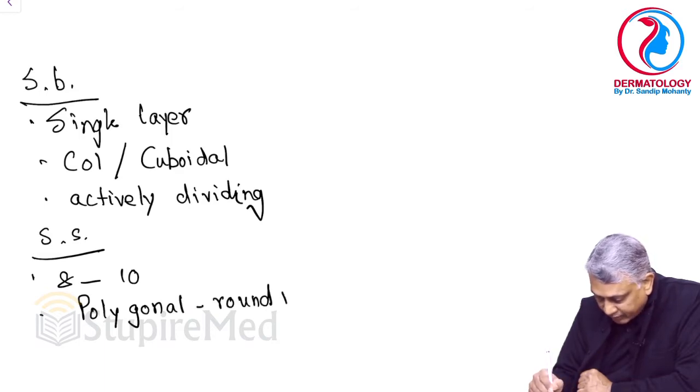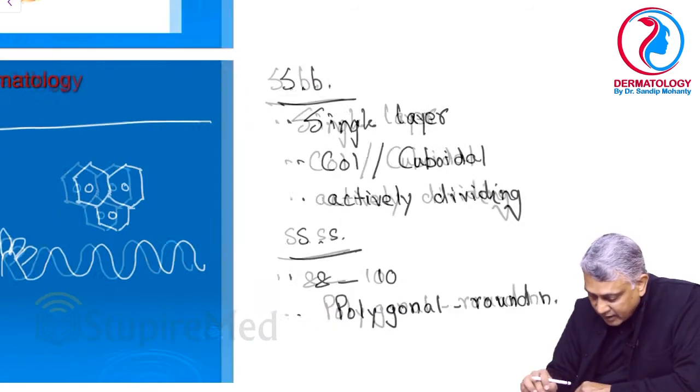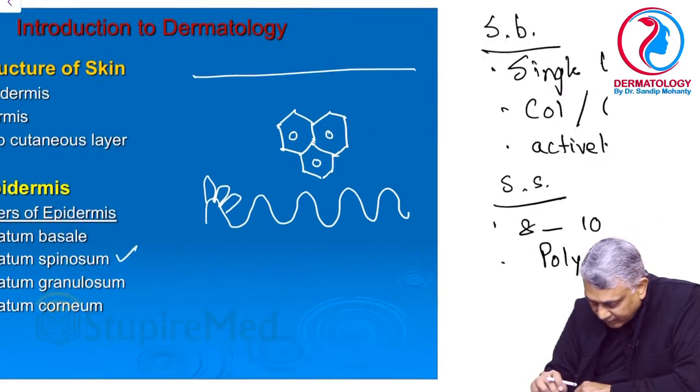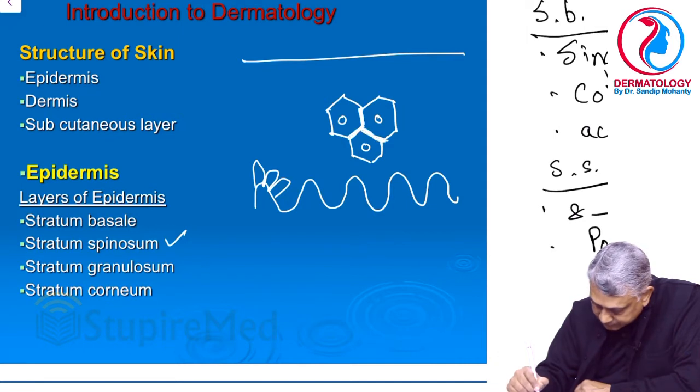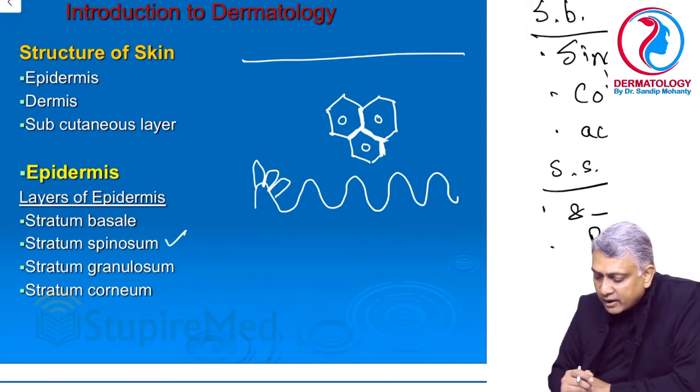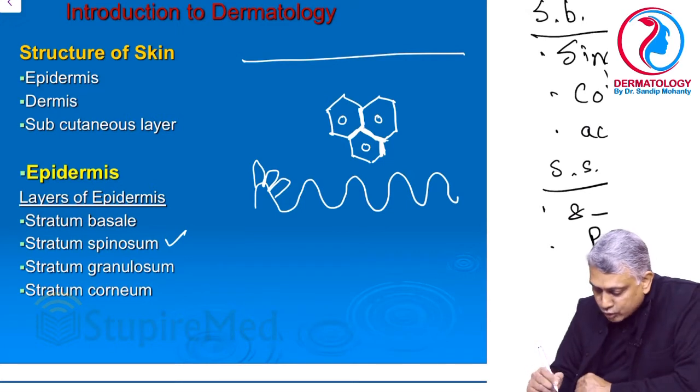And one more important thing to know: the cells in stratum spinosum are attached to each other by intercellular cementing substance. This intercellular cementing substance is also known as desmosomes.